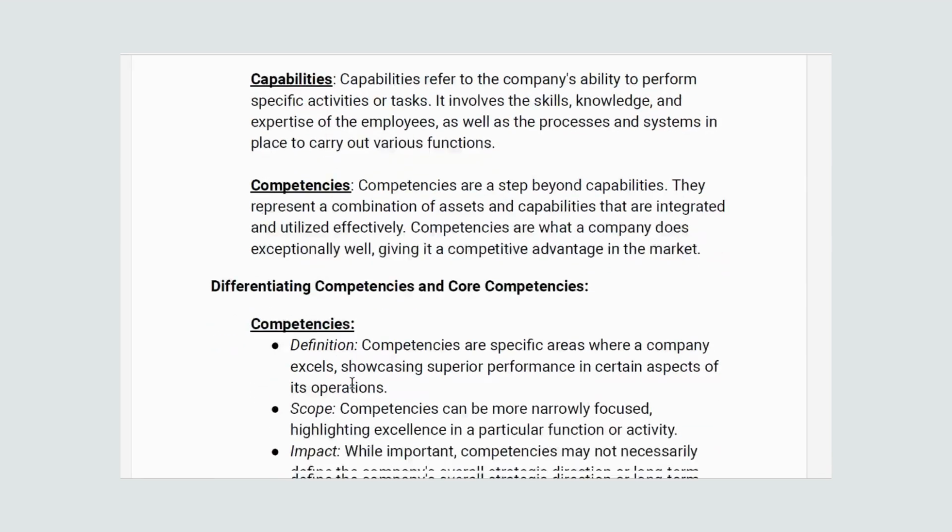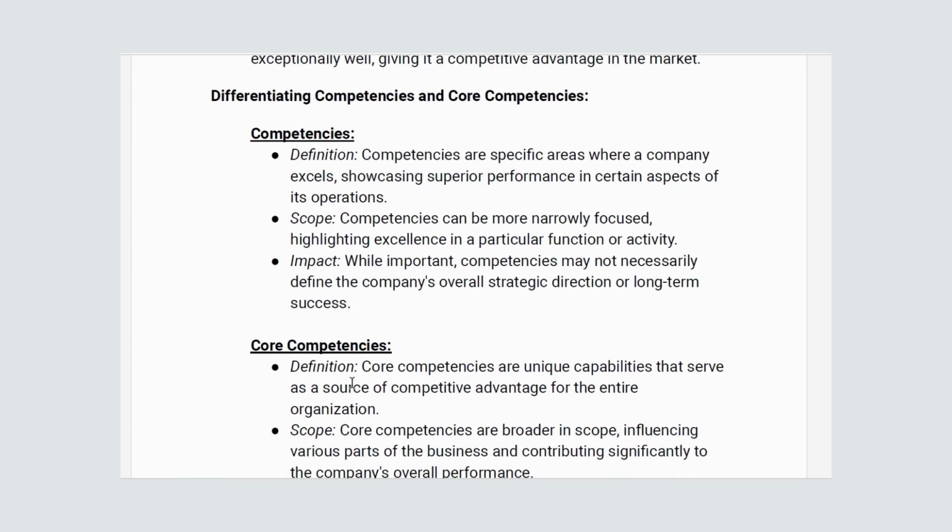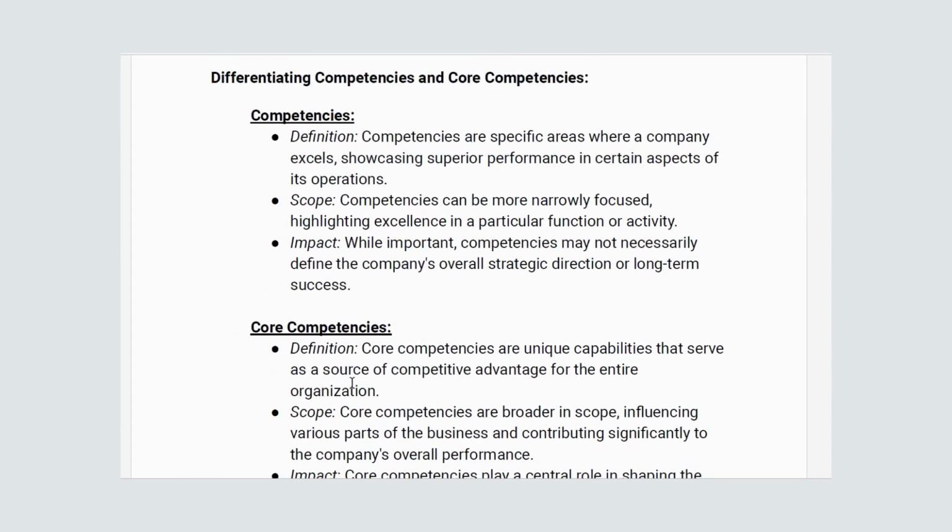When we differentiate between competencies and core competencies, competencies are specific areas where a company excels, and their scope is narrowly focused. It only highlights excellence in a particular function or activity. The impact of competencies in a business organization is that they do not necessarily define the company's overall strategic decisions or long-term success.